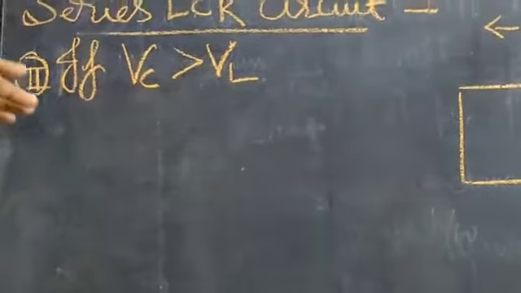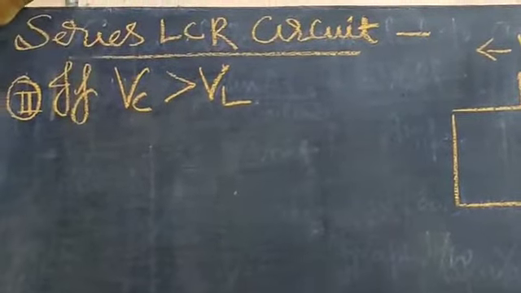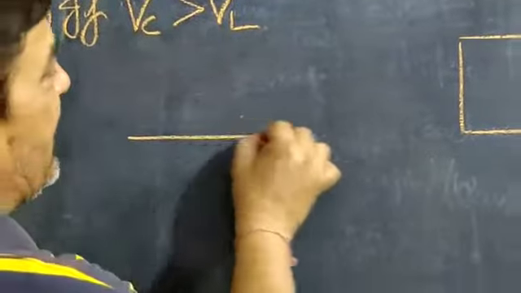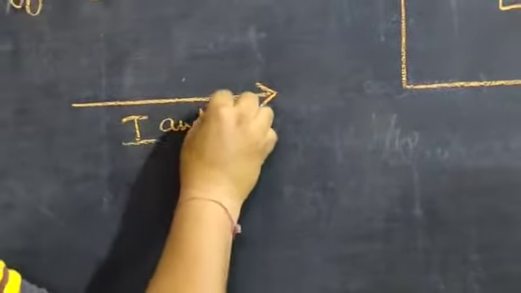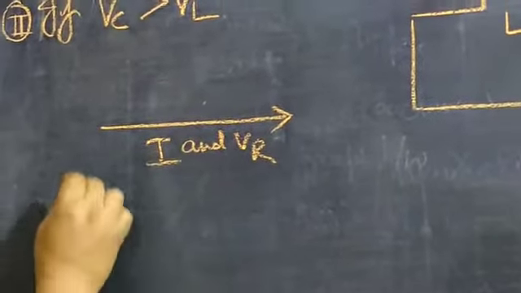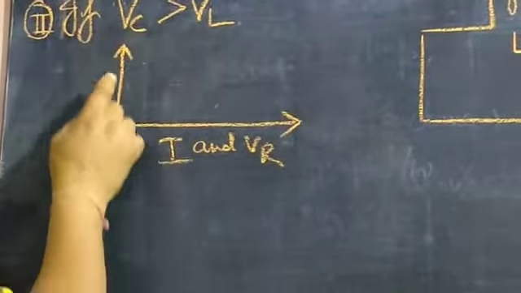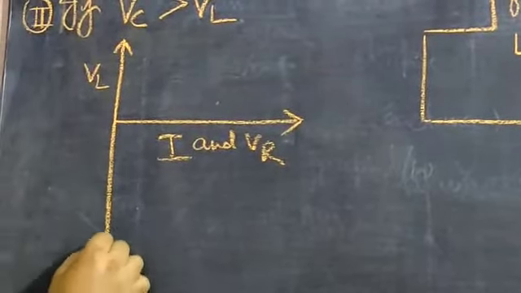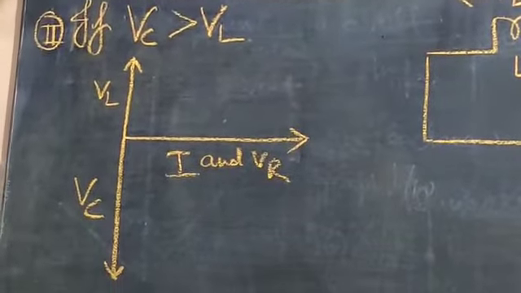So the second condition can be that VC is greater than VL. In this situation, voltage across resistor and current will be together, and voltage across inductor will be ahead of current by 90 degrees, and voltage across capacitor will be trailing behind the current by 90 degrees.